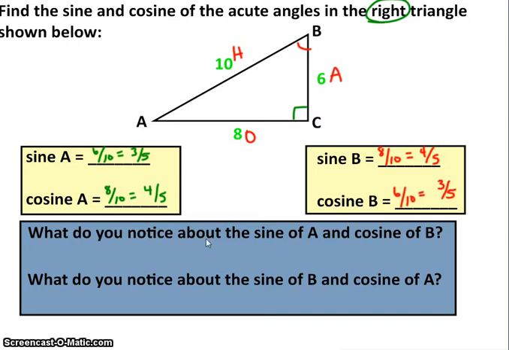It says, what do you notice about the sine of A and the cosine of B? They are going to be exactly the same. They are equal. What do you notice about the sine of B and the cosine of A? They are also equal.